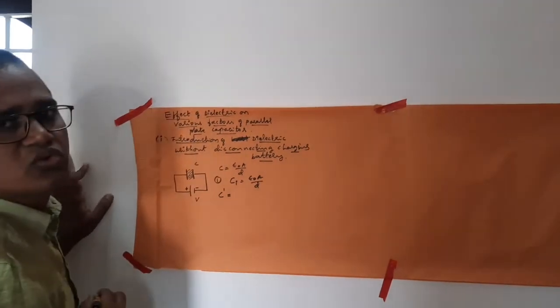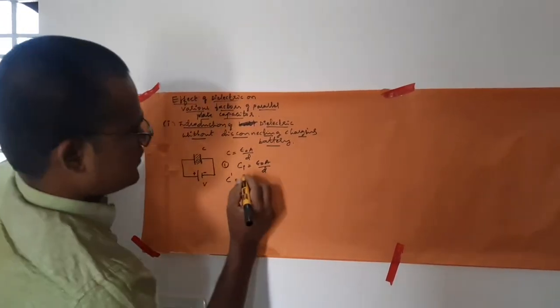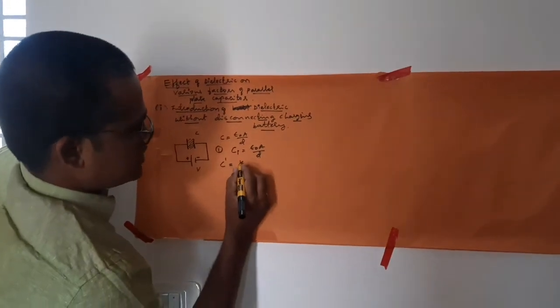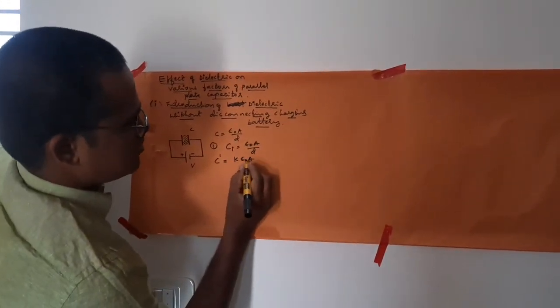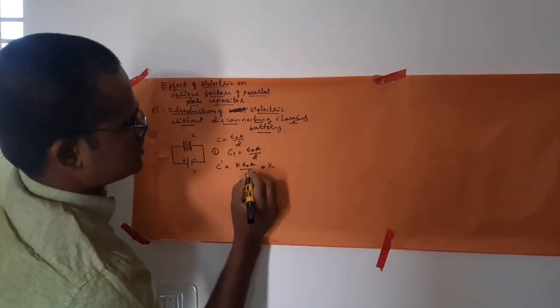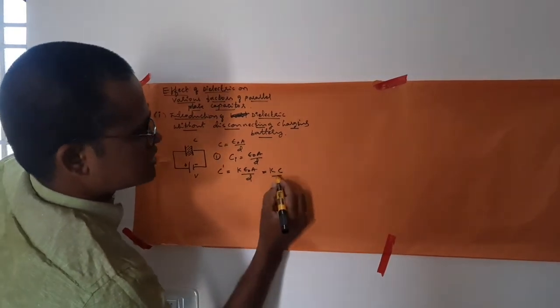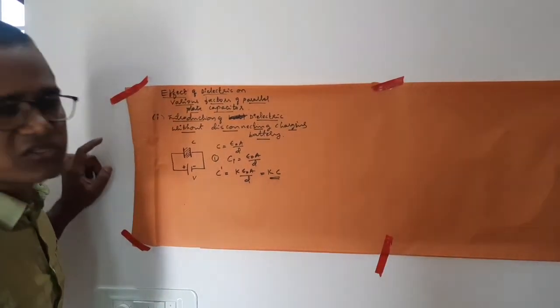What will happen here after putting the dielectric? We know it already, it is K times epsilon naught A by D. So here K into epsilon naught A by D, which is C. Therefore capacity increases by K times.